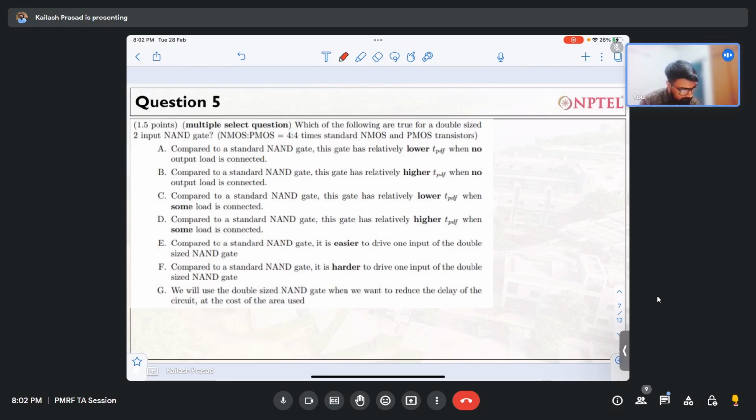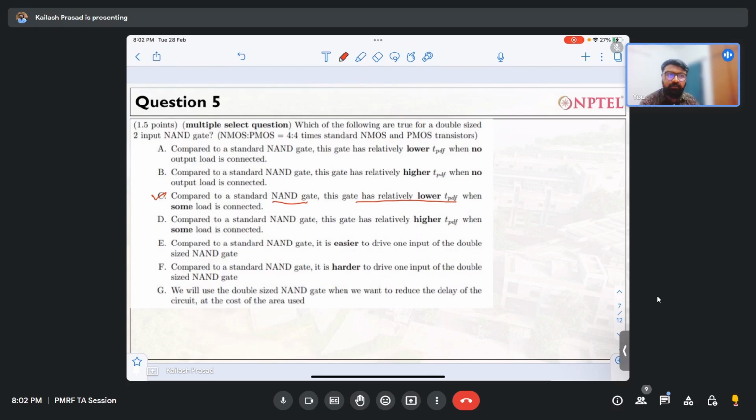Let me tell you. If you increase the size of both NMOS and PMOS, the first answer is that compared to the standard NAND gate, this gate has a relatively low propagation delay when some load is connected.